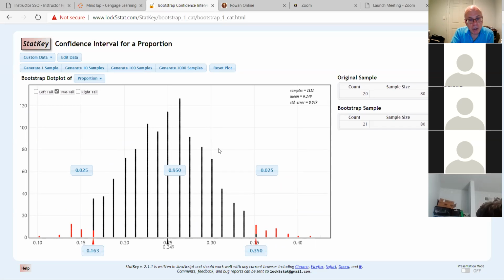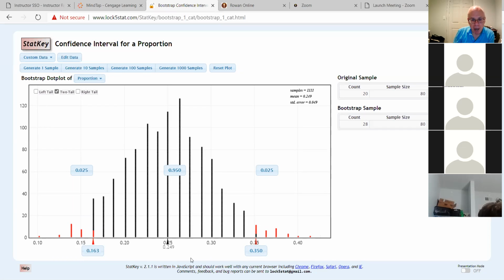But the important thing to notice here is it does give us a confidence interval where we can make a statement such as, we're 95% confident that this particular interval will contain the true population parameter of 0.25.